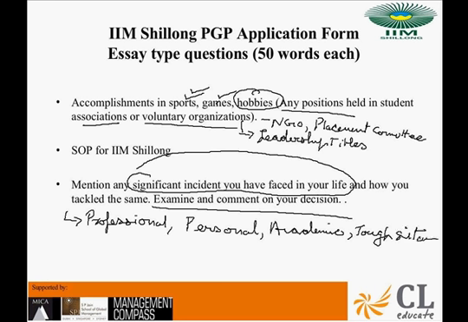So you need to really think about an incident that actually put you under a lot of challenges, right? And what did you do to tackle the same? What was the decision that you took? And do you feel that the decision which you took was very prudent? And if it was prudent, how was it prudent?